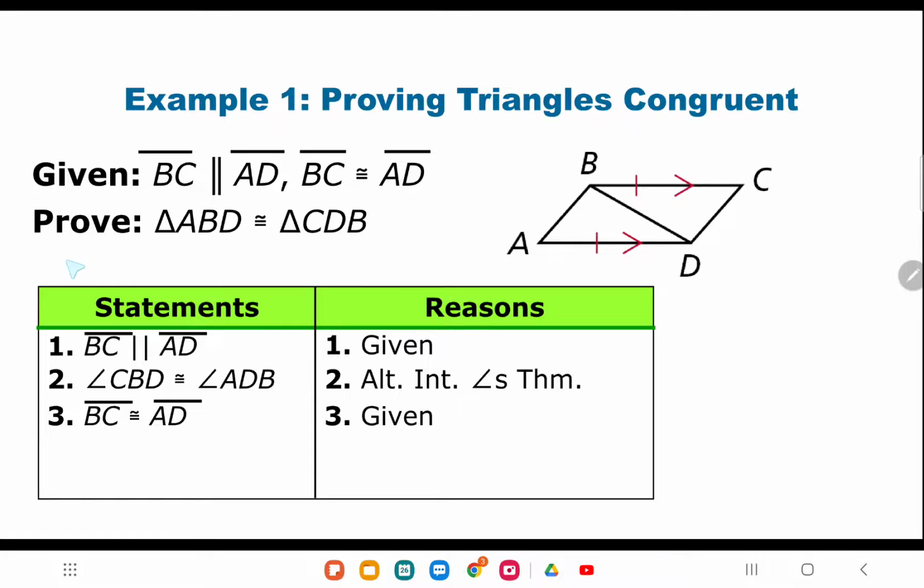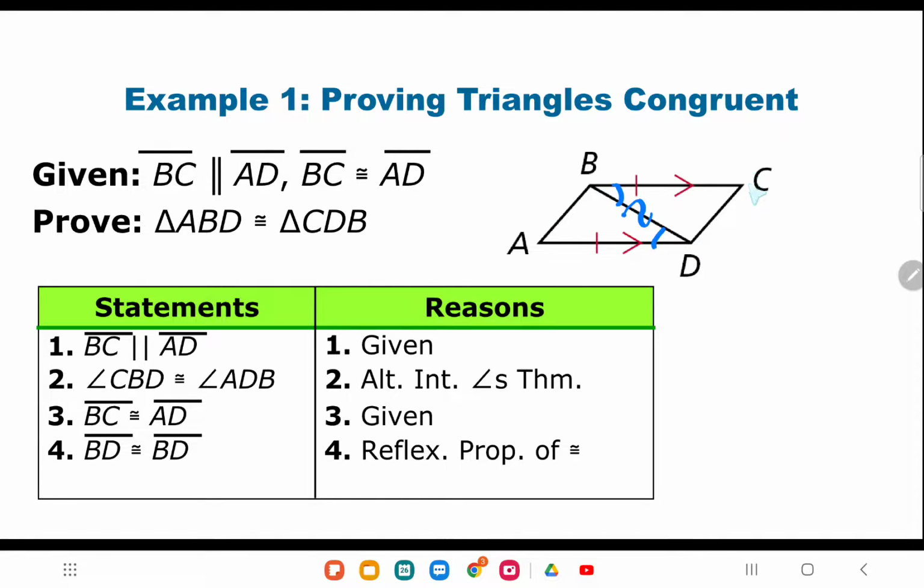That was another one of our givens. Lastly, we have the reflexive property that BD is congruent to BD. And now, because we have that labeled and we have the congruent angles here, I have my side, angle, side, again, side, angle, side.